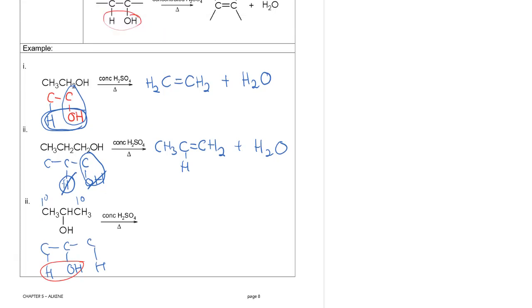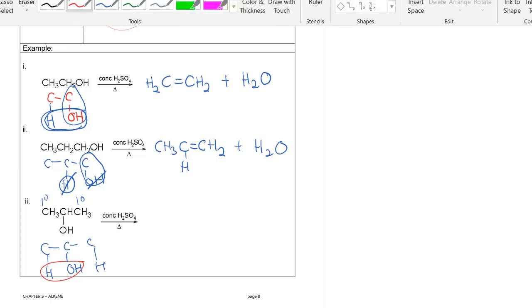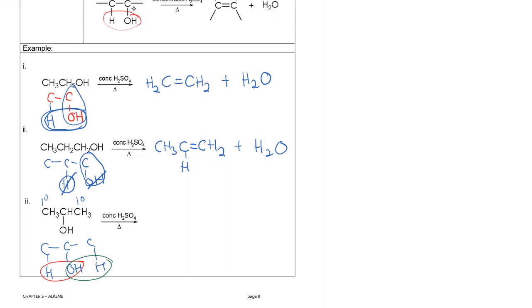If you remove OH and H here, you also produce propene. The types of hydrogen are the same, so it produces only one product. So there is no major and minor.